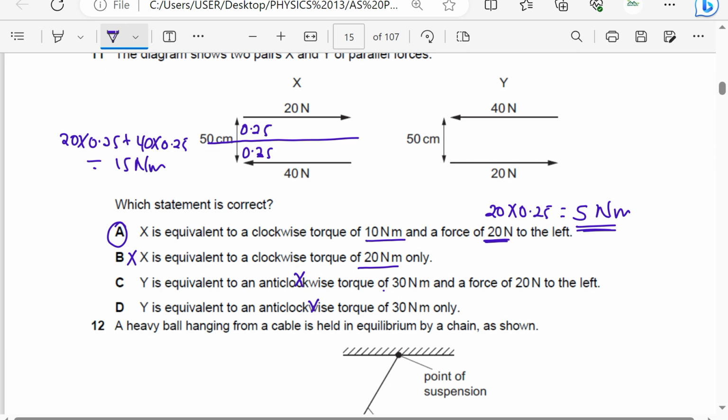X is equivalent to a clockwise torque of 10 Newton meters. The total moment which is clockwise here is going to be 15 Newton meters. So if there is another force to the left, then this force should cause 5 Newton meters anti-clockwise so that when 5 Newton meters is subtracted from 15 Newton meters, we get 10 Newton meters. So that makes the answer A.